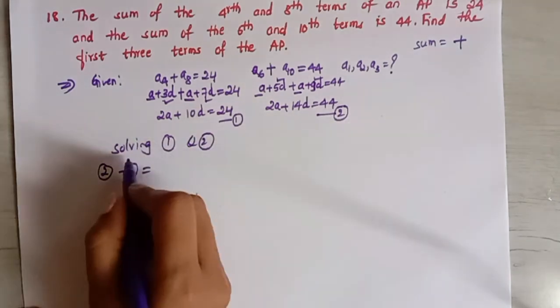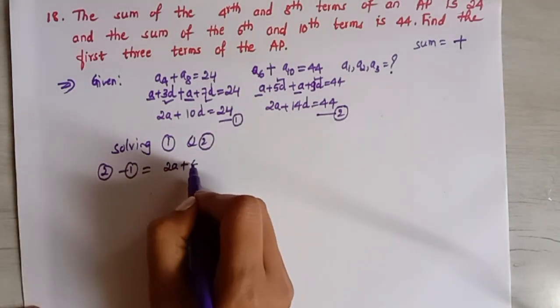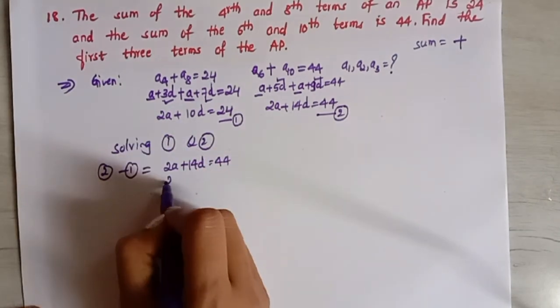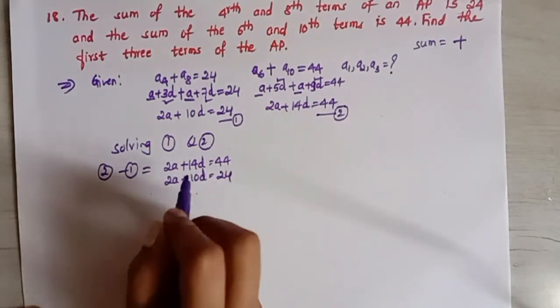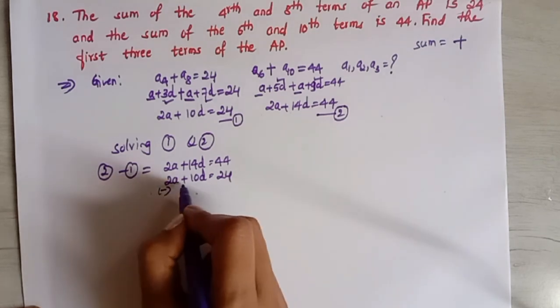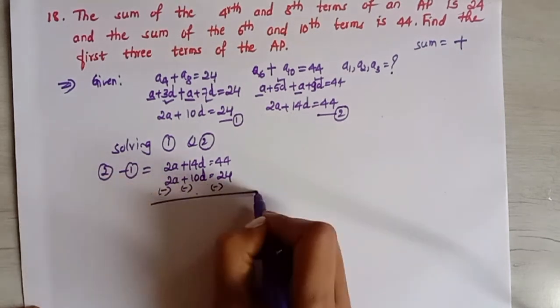What is equation 2? It is 2A plus 14D equal to 44. What is equation 1? It is 2A plus 10D equal to 24. So here we have to change the sign.